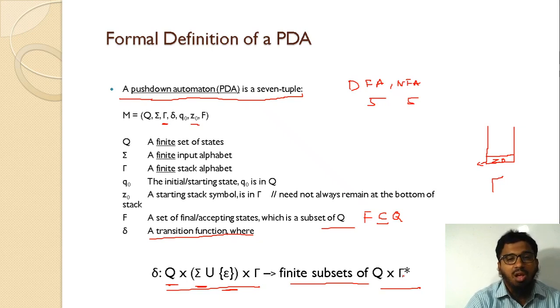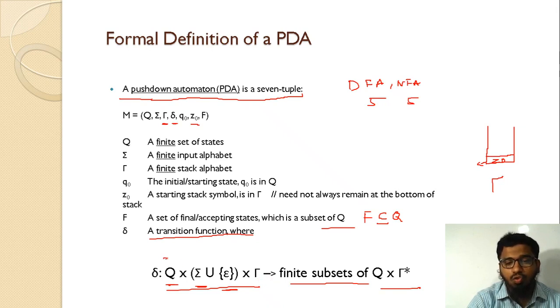So this is about the formal definition of PDA. This is very important. Remember this. You just need to remember three things: delta means transition, and tau and Z0. Transition is very important: number of states cross number of inputs, finite number of inputs, and epsilon, and tau, a finite stack alphabet.